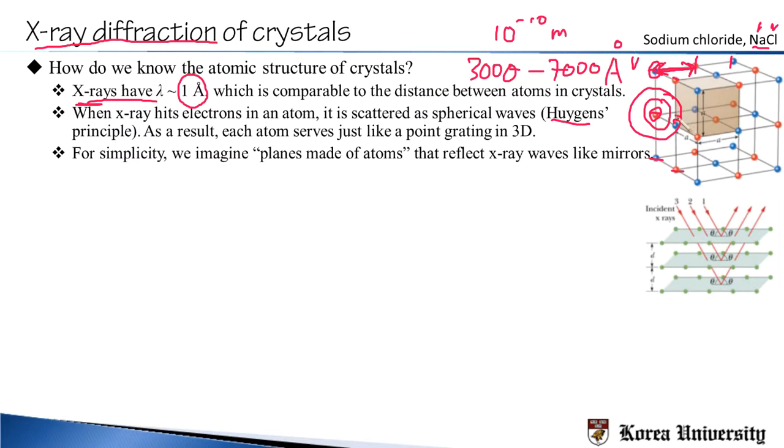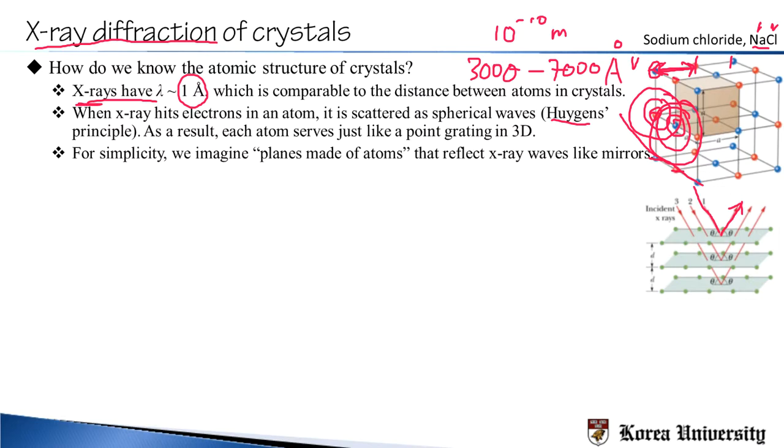Each atom will produce a spherical wavefront according to Huygens principle, but what we eventually observe is a combination of their wavefronts, right? To make things simple, we can just think about it as a plane wave coming in and going out, and how it comes out. Now we can imagine there is a mirror inside the crystal.